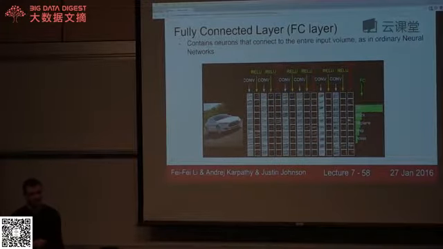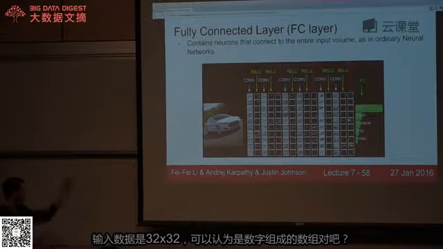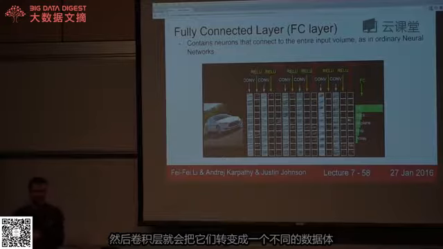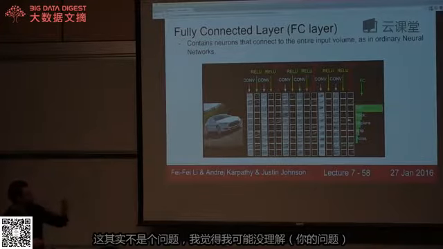No, I meant when you print them, where does the image come from? So the input image is just a 32 by 32 by 3, say, array of numbers, right? And then the conv layer will transform that into a different volume. That's not exactly your question, but I guess I'm not understanding. How you print the weights, the layers in between.